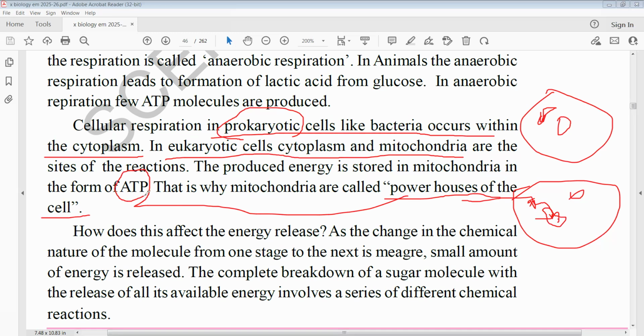Whatever energy is released after breakdown of food material in the presence of oxygen in the mitochondria is stored as ATP. It is also called energy currency, because it is treated as a currency since it has energy. Because cellular respiration takes place in eukaryotic mitochondria, mitochondria are also called powerhouses of the cell.